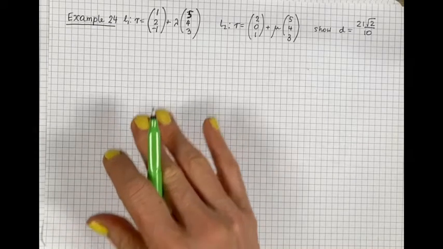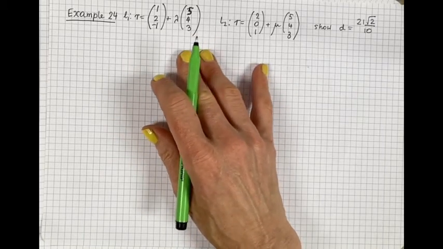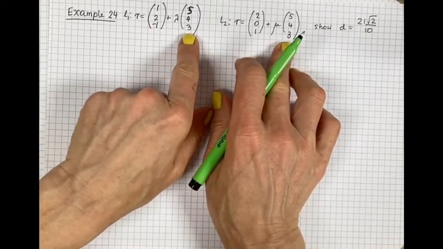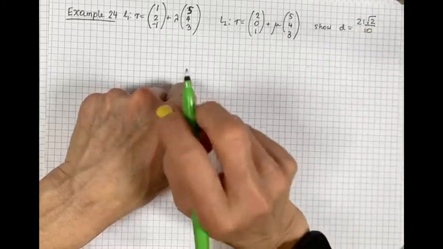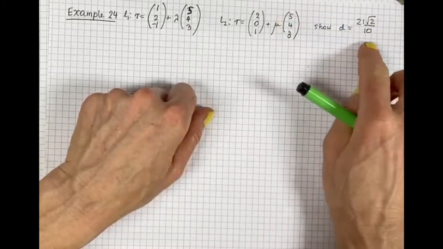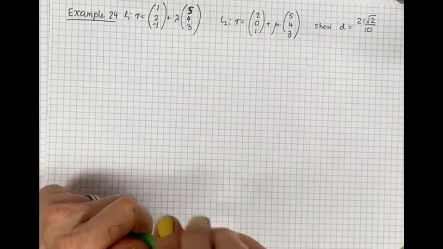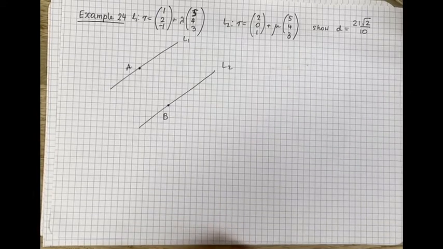So you've got two straight lines, and we're going to show that, well, we could see that they are parallel because the direction vector is the same, and we're going to show that the distance between those lines is 21√2/10. In those questions, best thing to do is always do a little sketch.